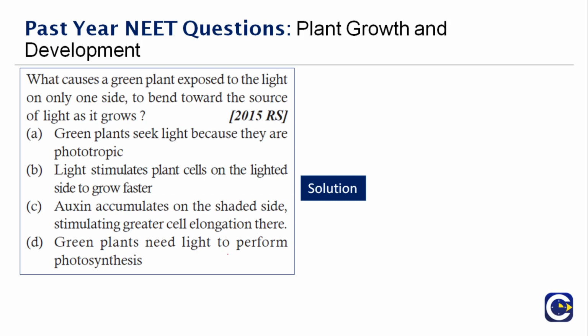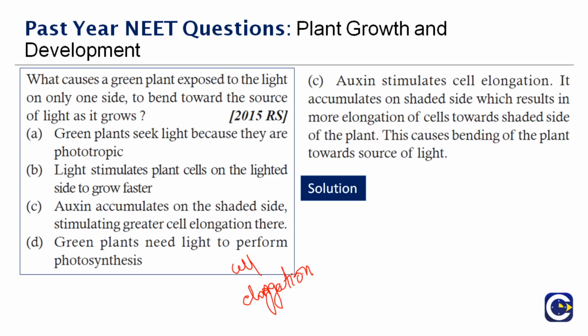We need growth factors to help in cell elongation, so that is very important. It accumulates on the shaded side, which results in more elongation of cells on the shaded side of the plant. This causes the bending of the plant towards the source of light. So the correct answer is option C.